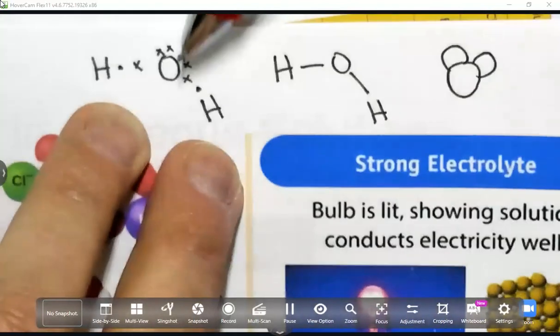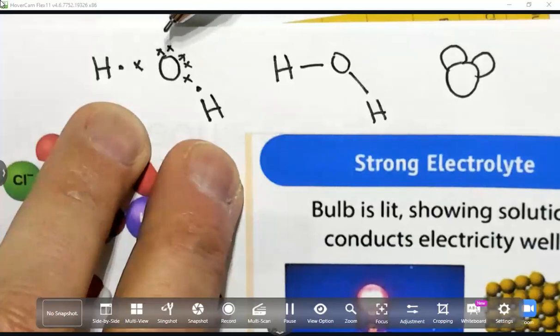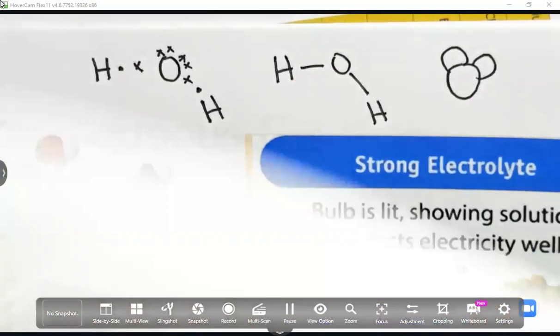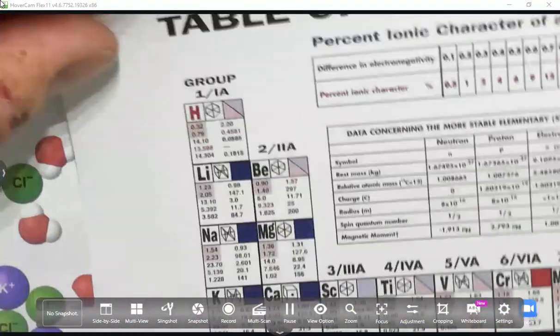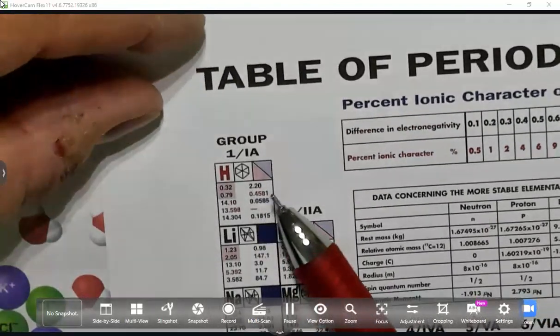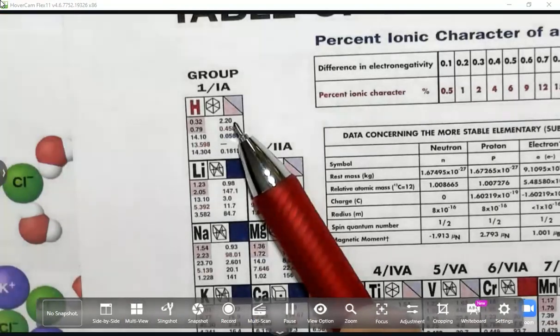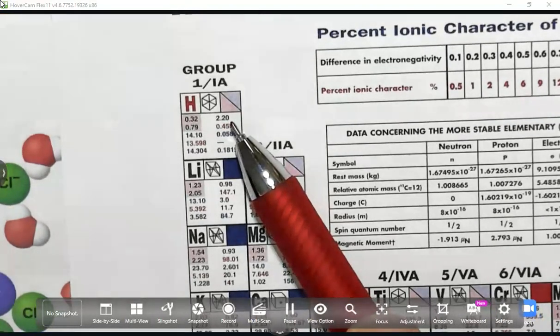Oxygen is more electronegative. And we have a table of electronegativities on the back side of your good periodic table here. So on the back side of your periodic table, this top right number is electronegativity. Now hydrogen is 2.20.